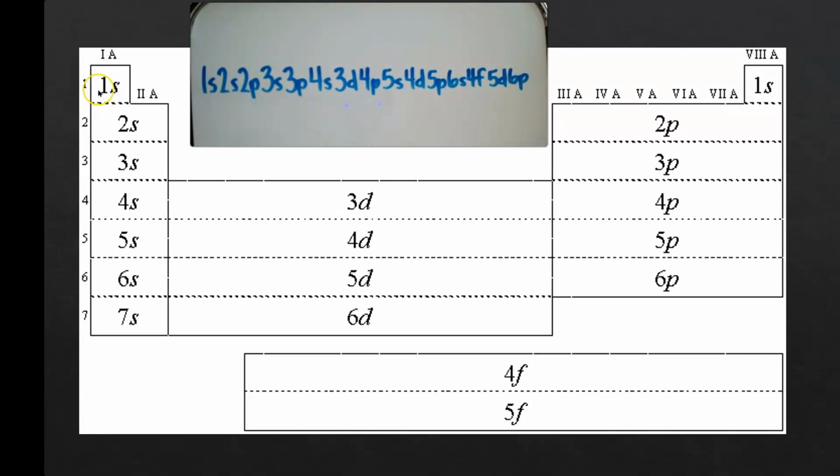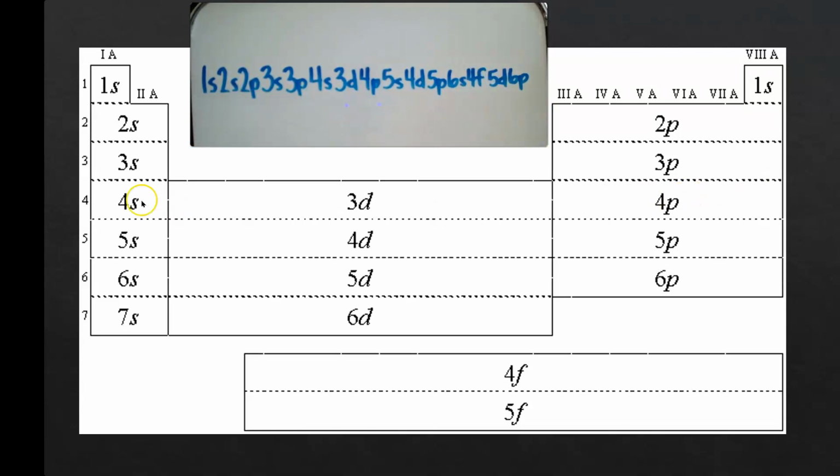So if I start at 1s, in my first row, 1s fills across the periodic table. When I go to 2s, 2s fills, and then as I keep moving left to right, 2p fills next. As I come around, 3s fills next, and 3p. So far I've done 1s, 2s, 2p, 3s, 3p.